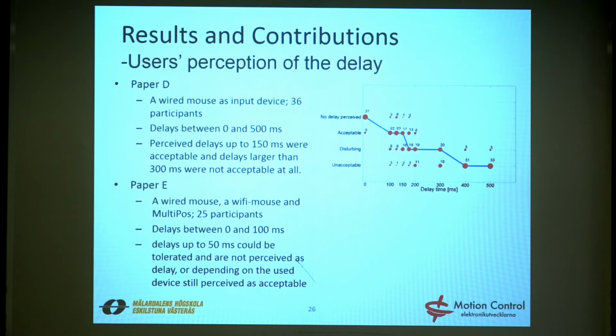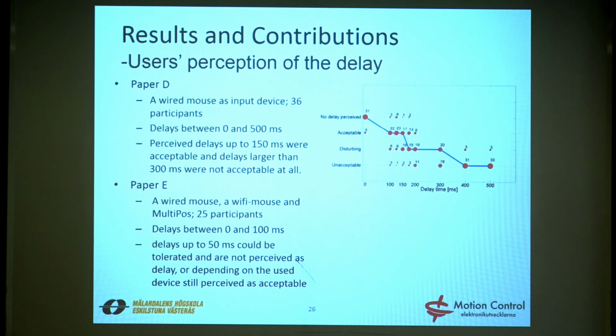The blue curve is the majority of the users' result. We can say up to around 150 milliseconds, the delay was perceived as acceptable, and a delay larger than 300 milliseconds was not acceptable at all.